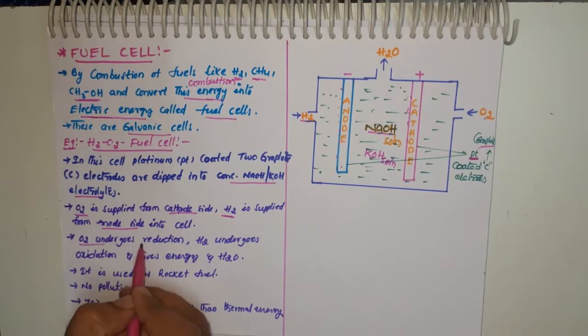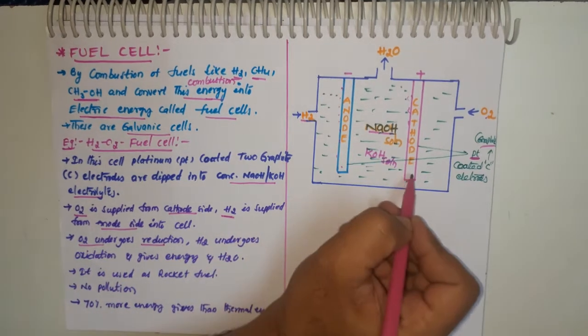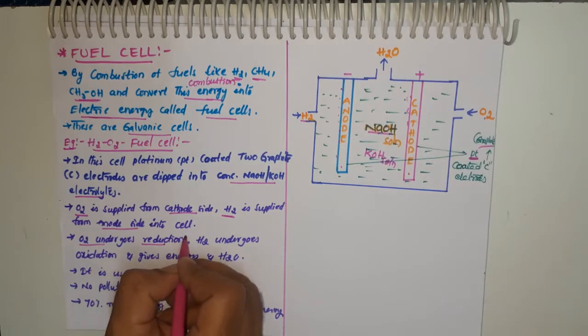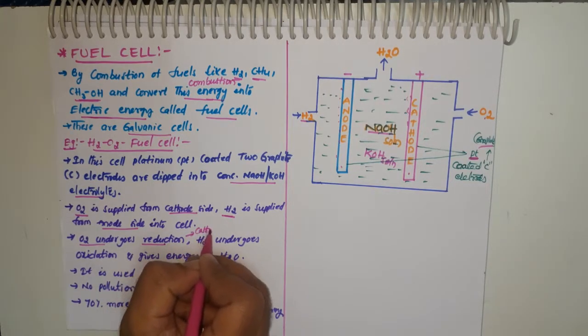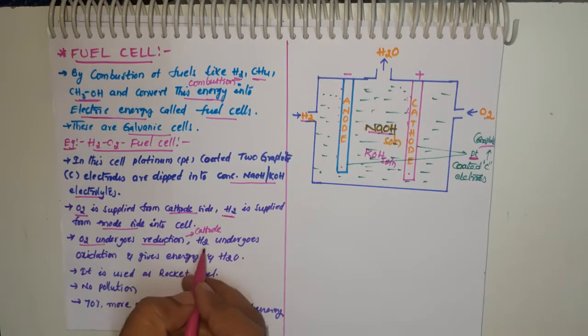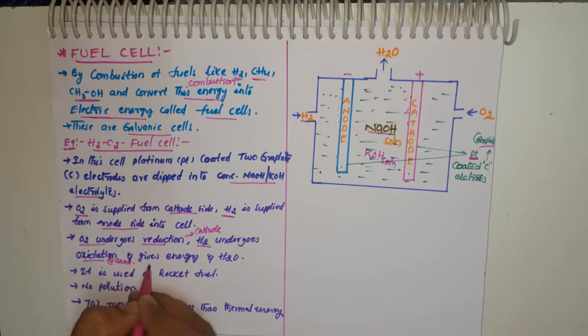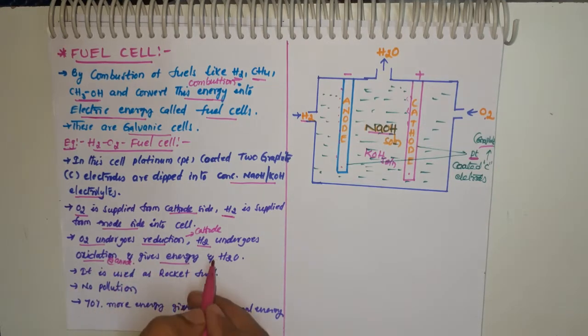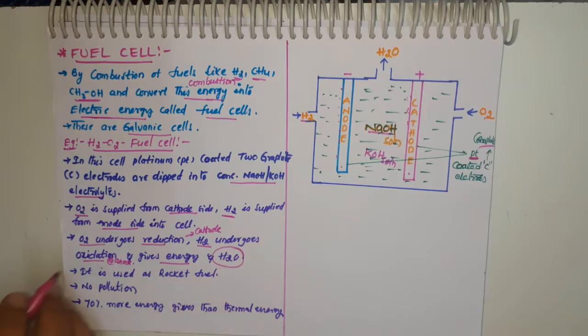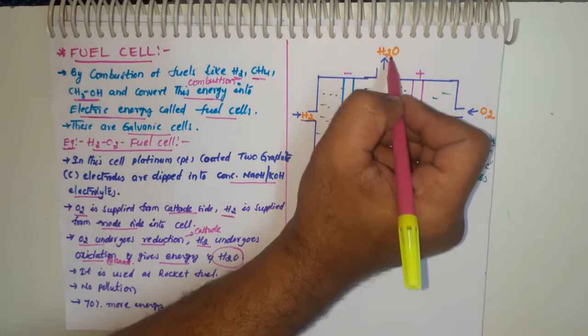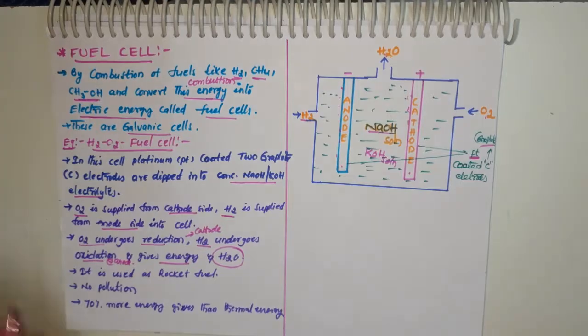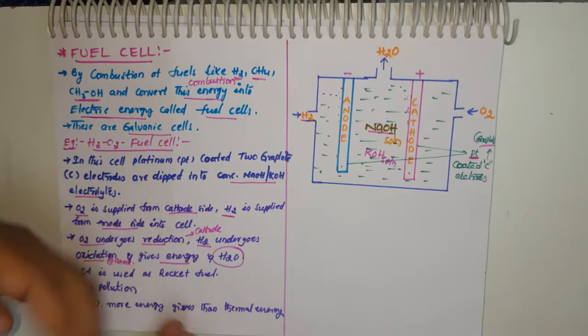Oxygen undergoes reduction at the cathode, and at the same time H2 gas undergoes oxidation at the anode and gives energy as well as H2O. This H2O is also given by the H2-O2 fuel cell.